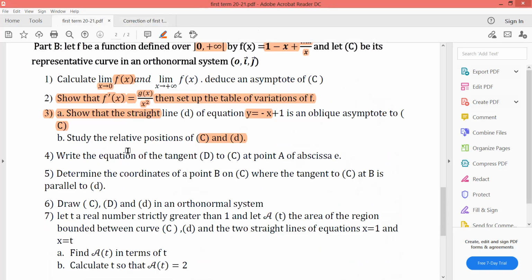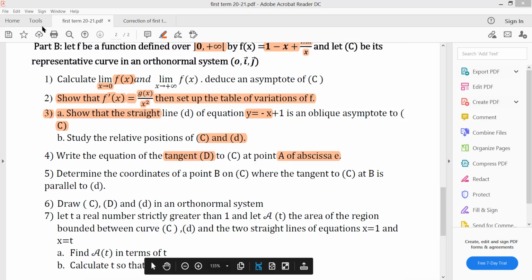Now part 4: the equation of the tangent at the point A of abscissa e. Point A is on C with abscissa e.